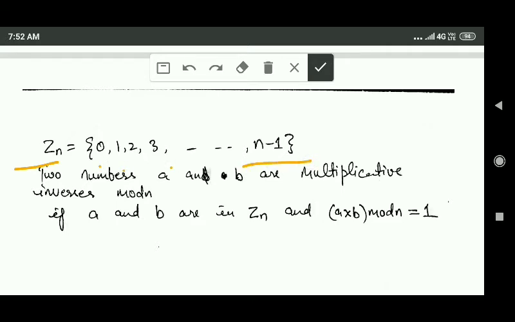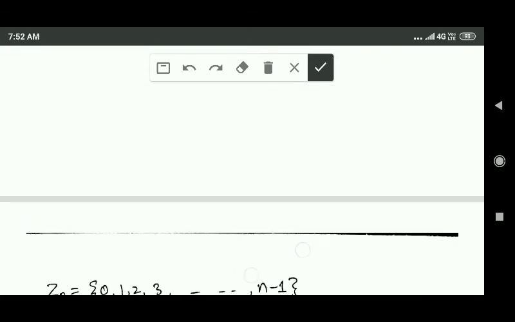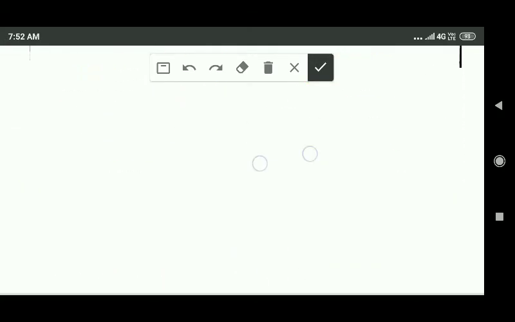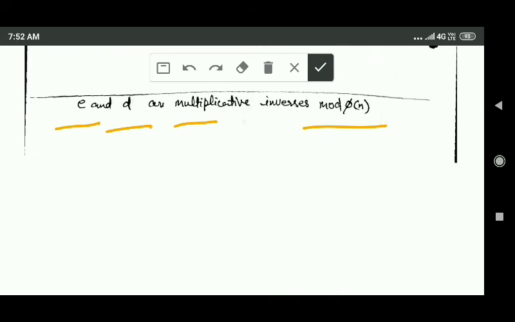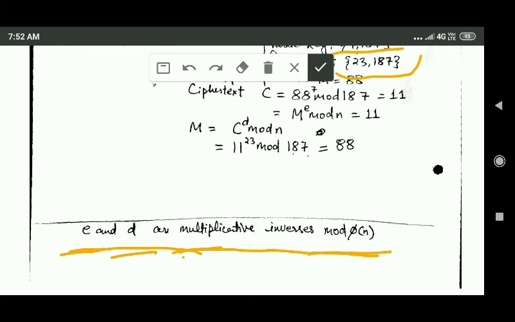Two numbers a and b are multiplicative inverses mod n if a and b are in Zn, and a into b mod n is equal to 1. So here in this algorithm, e and d are multiplicative inverses mod phi n.